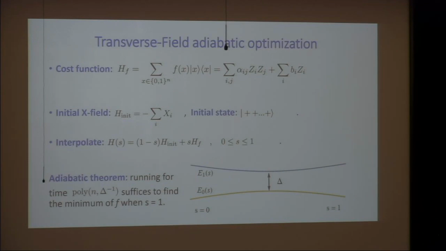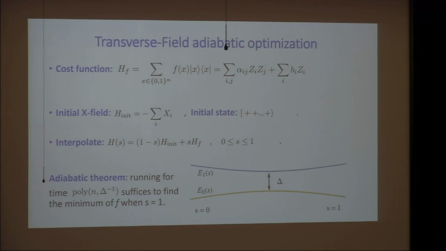The way that you're going to try to produce this bit string is by initializing the system in a transverse field. So this initial Hamiltonian is just minus the sum of the Pauli-X operators, and the initial state is the ground state of that Hamiltonian, with every qubit in the plus state. We're going to interpolate from this initial Hamiltonian to the final Hamiltonian along a linear interpolation schedule.